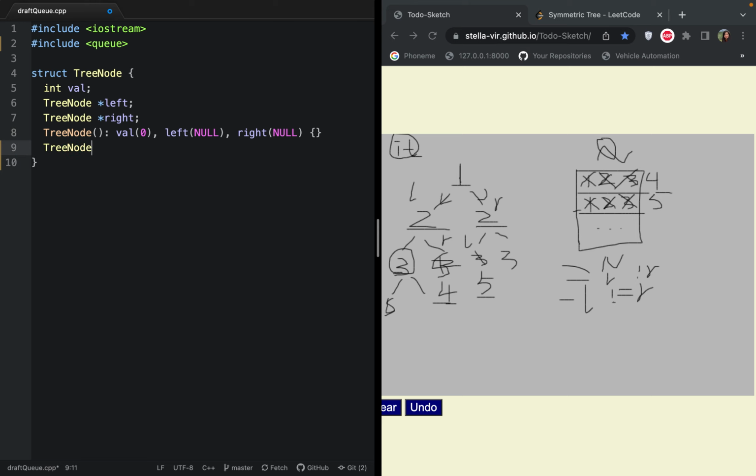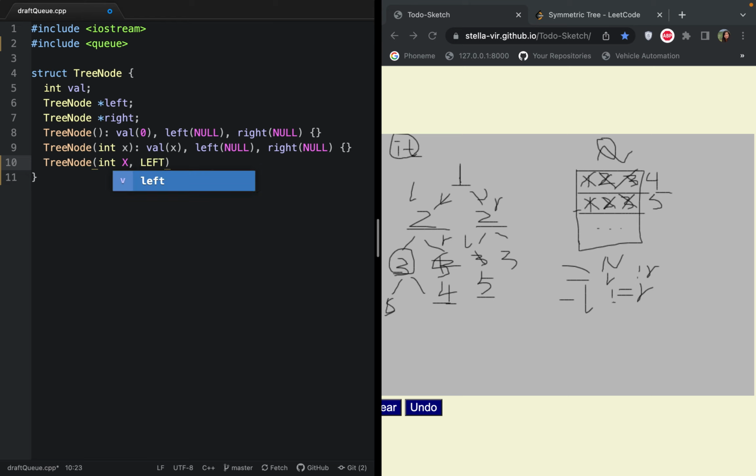And in the case there is a value, let's say x, then the value is x, but there's no left in here and no right either. And the last case would be there are values in all three of the arguments.